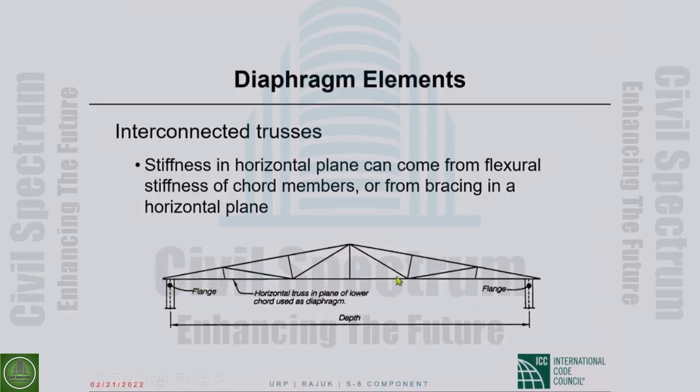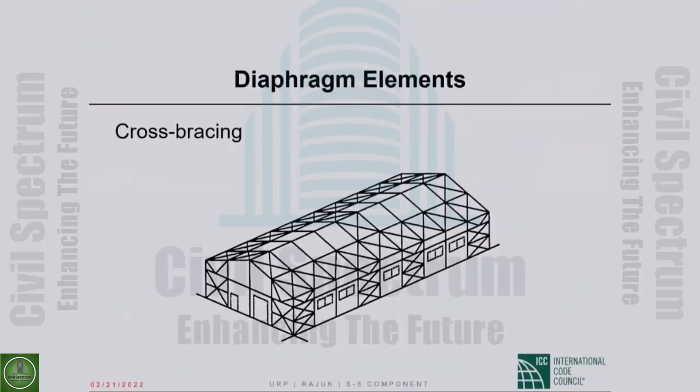On this horizontal plane there is bracing, okay, bracing parallel to the floor on the horizontal plane, and that bracing acts as the diaphragm. So stiffness in horizontal plane can come from flexural stiffness of chord members or from bracing in a horizontal plane. Bracing in a horizontal plane was very popular in at least the parts of Chile that we visited. Cross bracing on the roof can also act like diaphragms.